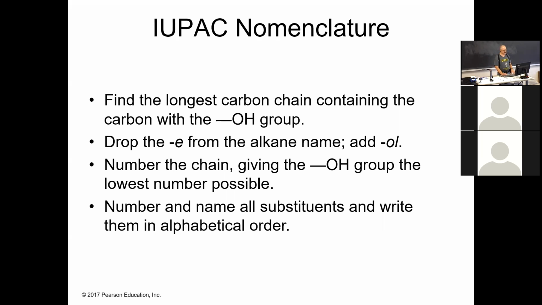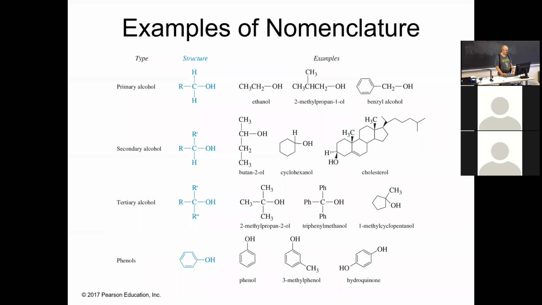So you can recognize alcohols because they'll end in -ol. Even cholesterol, which we've been working with the last couple of weeks, contains an alcohol functional group. We'll number the chain, giving the OH the lowest number possible. And then we'll number and name all substituents and write them in alphabetical order.